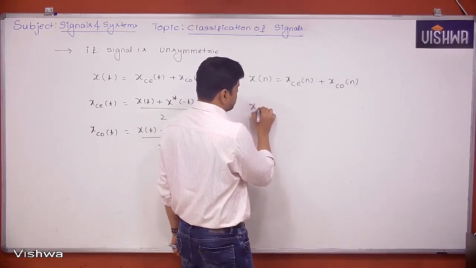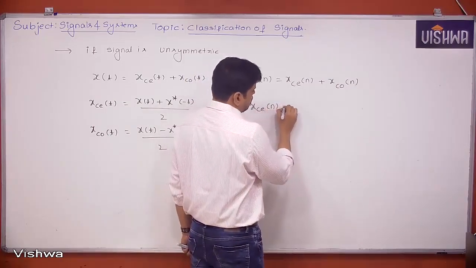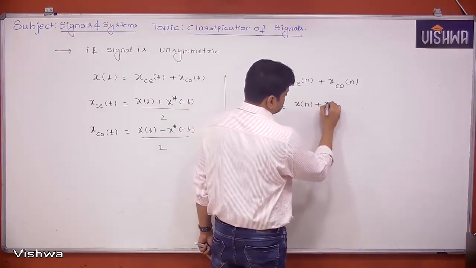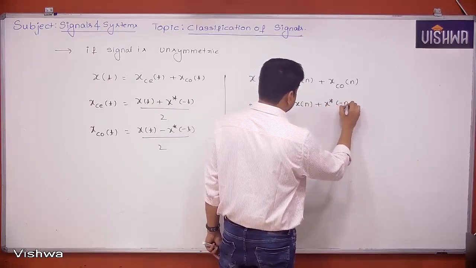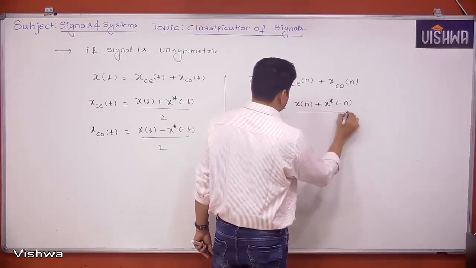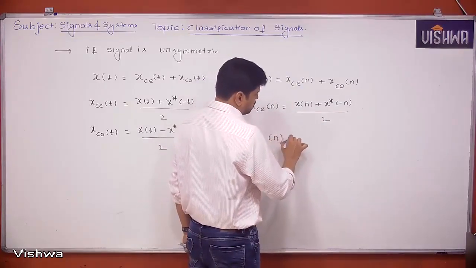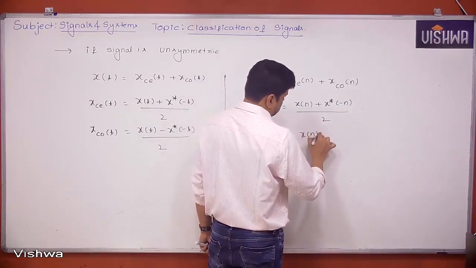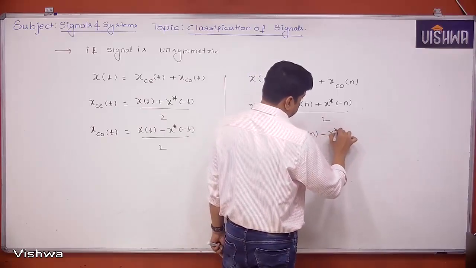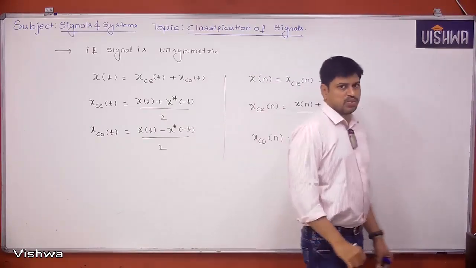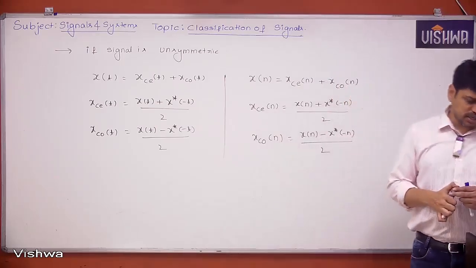So the even part or symmetry part is x of n plus x conjugate of minus n by 2. The complex odd part is x of n minus x conjugate of minus n by 2. This is the way we can calculate even part and odd part. Take it.